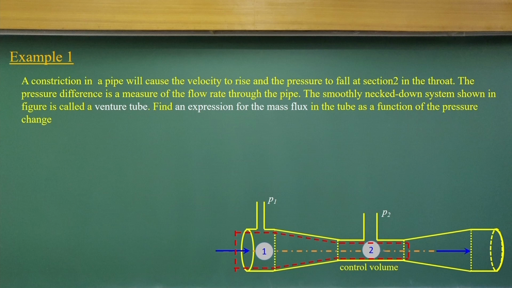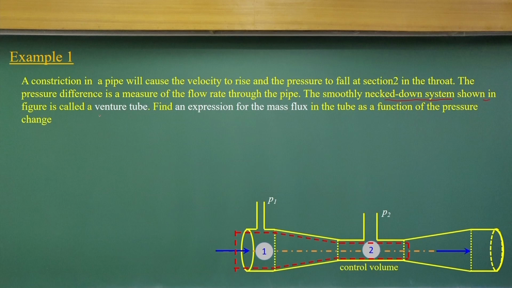That is what we know from the very beginning of Bernoulli equations. The pressure difference is a measure of the flow rate through the pipe. The smooth neck-down system shown in the figure is called a Venturi tube. Find expressions for the mass flux in the tube as a function of the pressures and the pressure change, which is very simple.